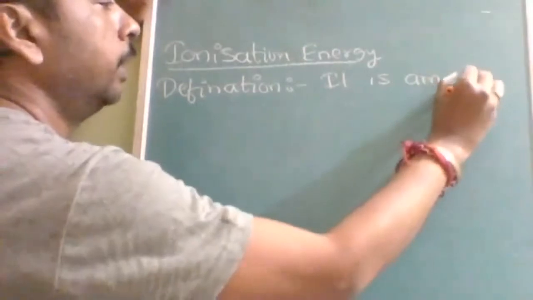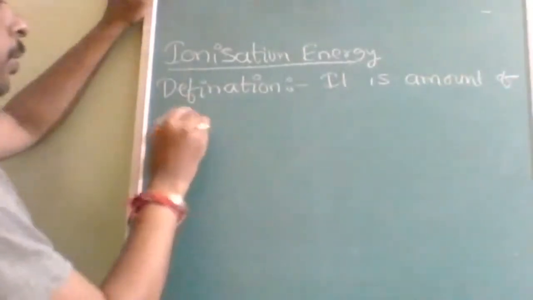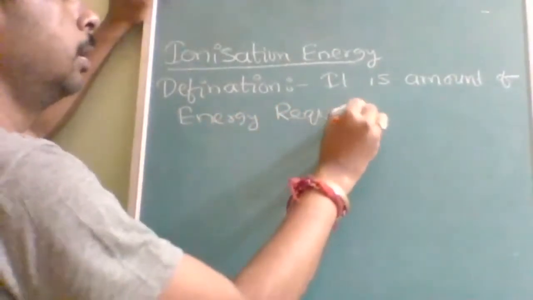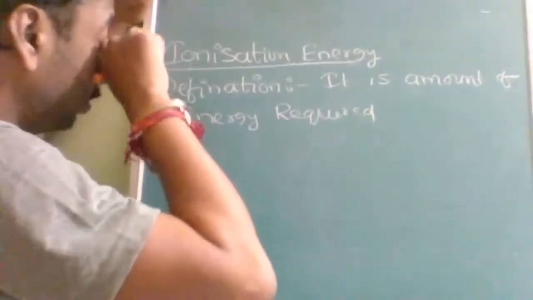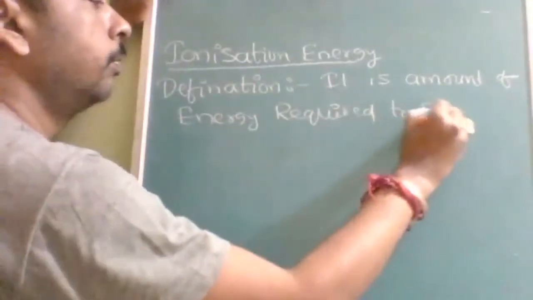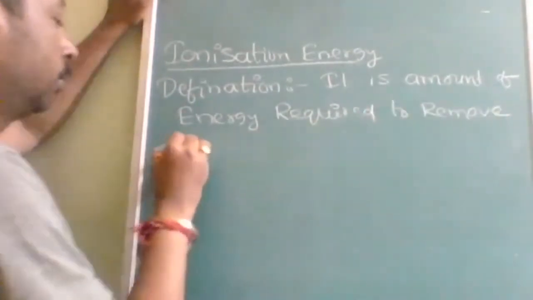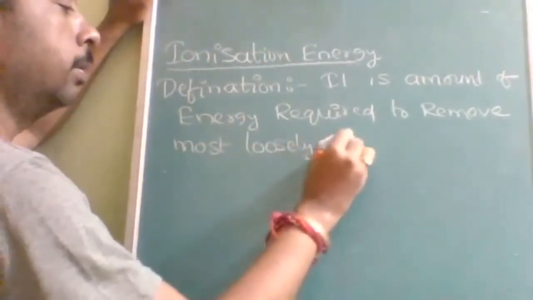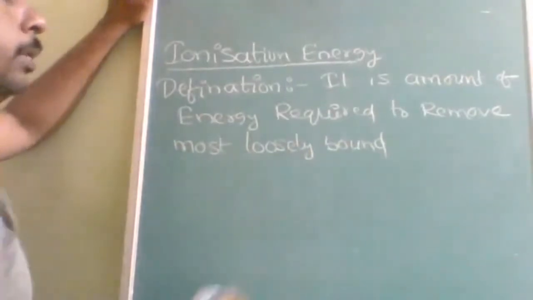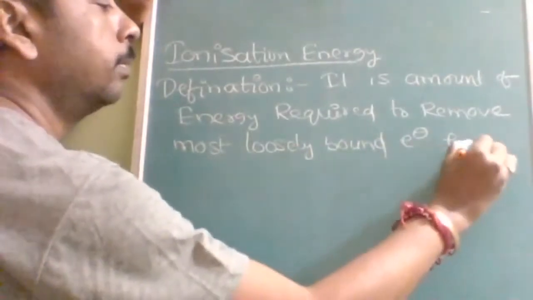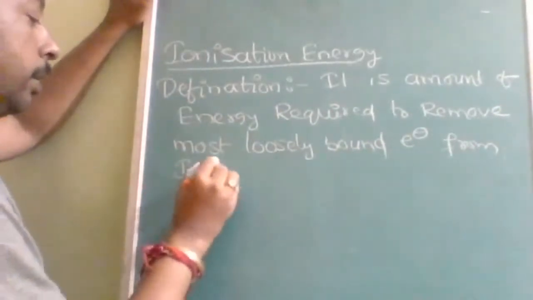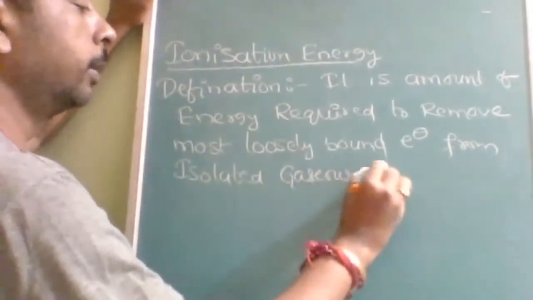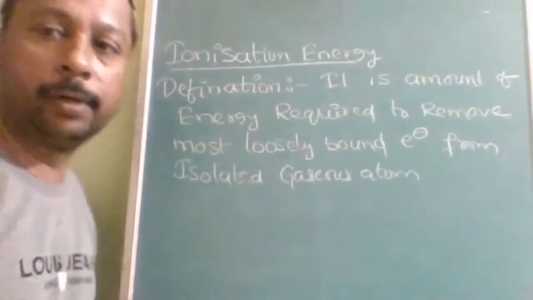It is the amount of energy required to remove the most loosely bound electron from an isolated gaseous atom. Which atom? Isolated gaseous atom.